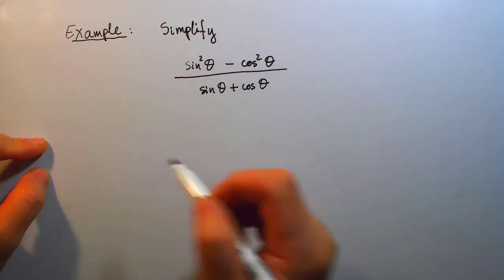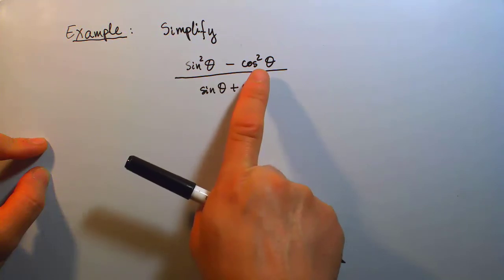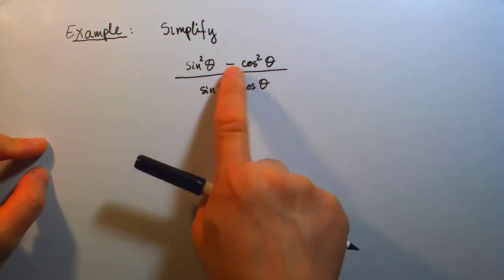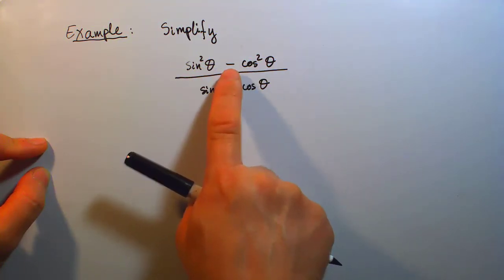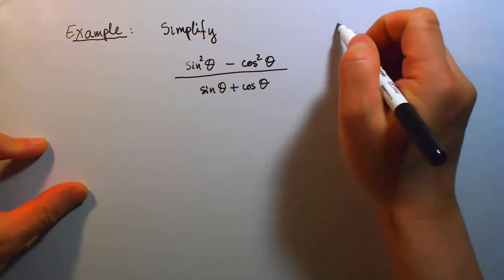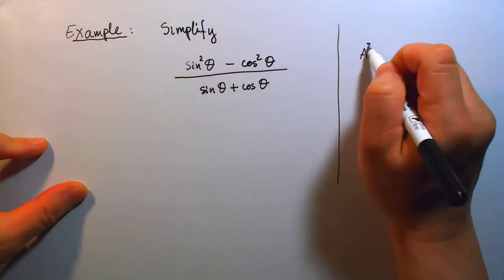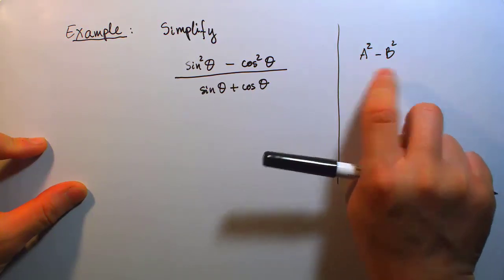Notice that sine squared of theta minus cosine squared of theta, at first look, looks pretty fancy, but in the end it's a difference, and each one of these is a square. So the way I see it here is a difference of two squares. A reminder from algebra: we have that famous a square minus b square, a difference of two perfect squares.